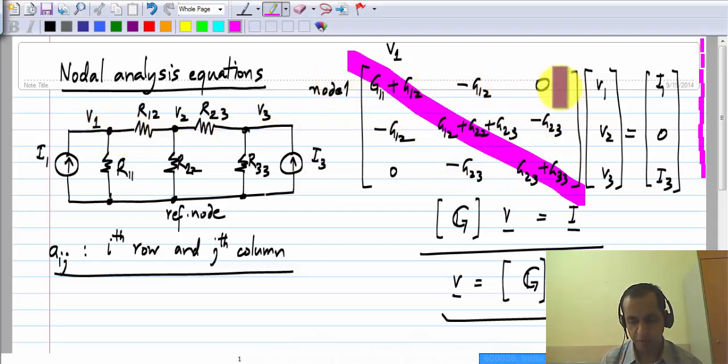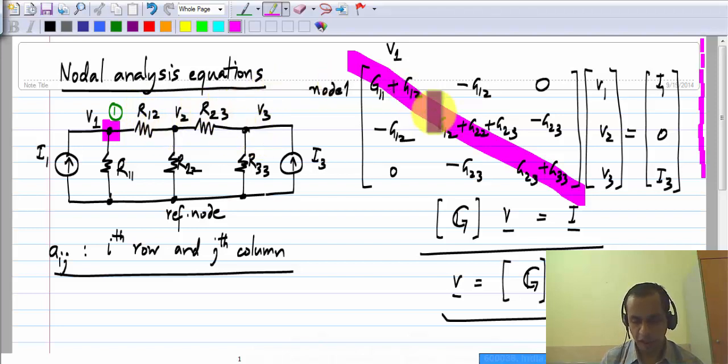The first row corresponds to node 1 and the diagonal element in that, element A11, is basically the total conductance connected to node 1. Okay, so this is node 1. We have two resistances R11 and R12 connected to it. So the total conductance would be the conductance of this G11 plus the conductance of that G12.